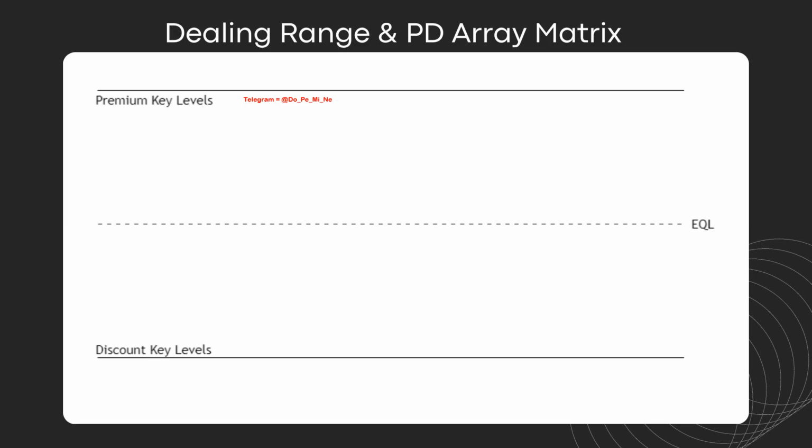I get many DMs from students saying, why did this not work, or why did I miss this move? And the plain and simple answer to that is that's how the market moves. That's how the market works. You're going to miss moves, you're going to lose trades, but at the same time, if you stick to the right things, you will also win trades, and those wins will make sure you end up profitable in the long term, right?